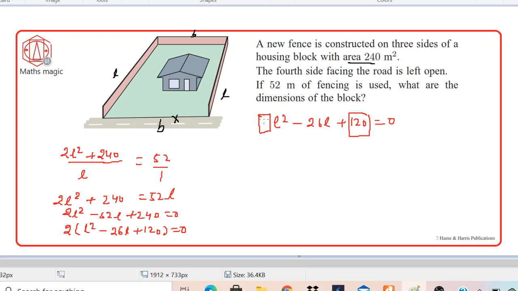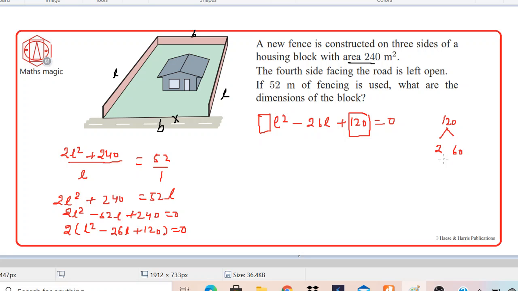The coefficient of L square is 1 over here, so it remains 120 only. Now we have to find factors of 120 in such a way that the multiplication should be 120, but the addition or subtraction should be negative 26. So we can approach with different factors.